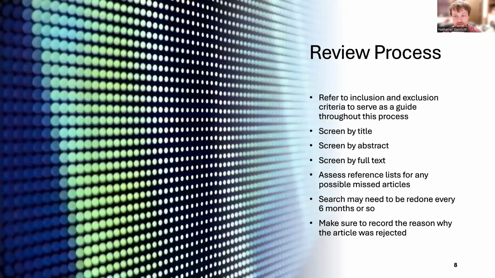So the review process, there's a bunch of different ways you can do this. If you've looked at scoping reviews or systematic reviews, it can be done a bunch of different ways depending on how you want to do it. It looks a lot similar to anybody who's done qualitative research before, of usually having at least 2 coders or 2 reviewers to look at a thing and decide if it should or should not be included.